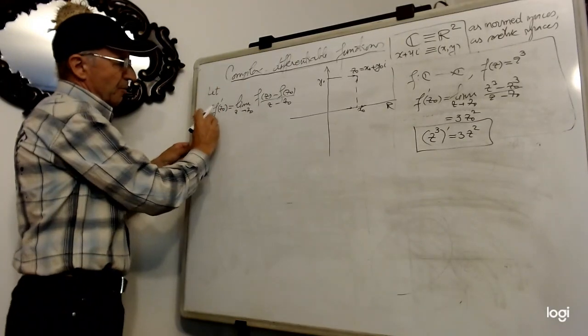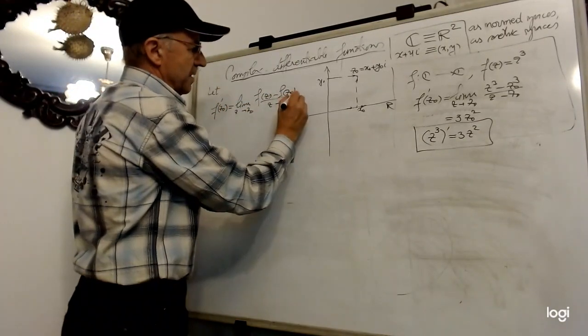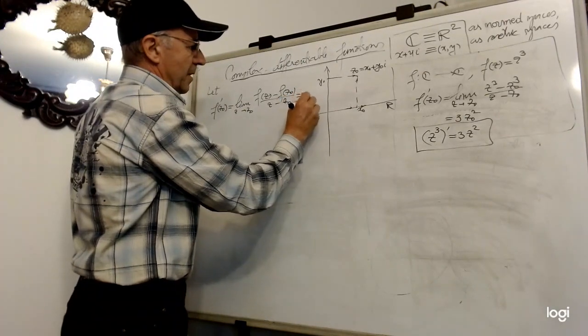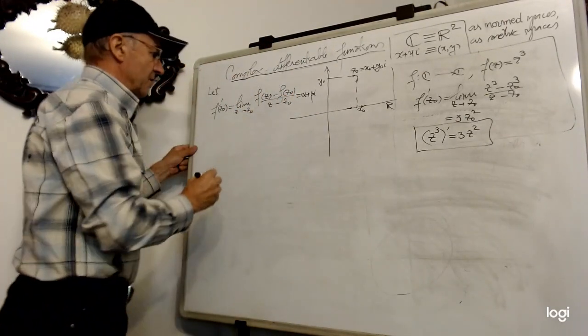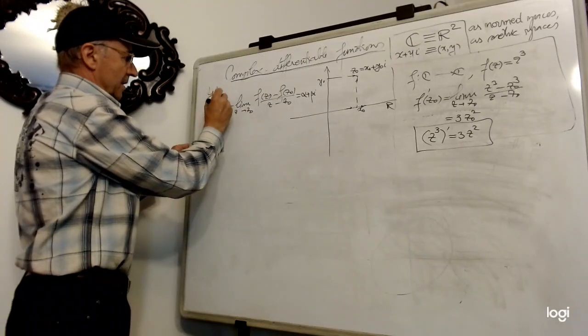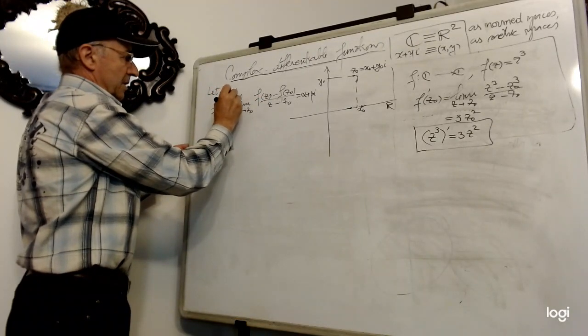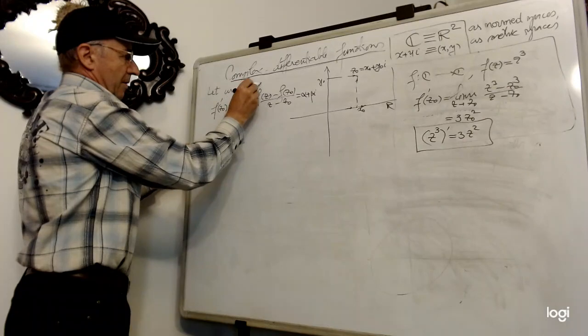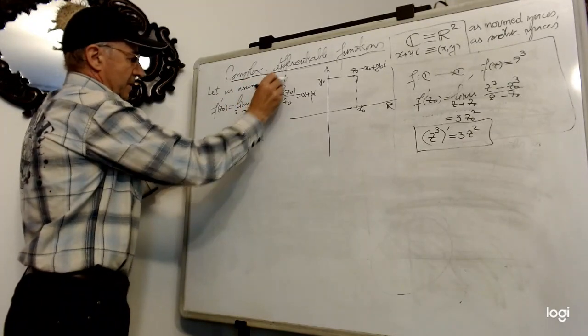Let us assume that this limit exists and is alpha plus beta I. Particularly, let us assume that it exists.